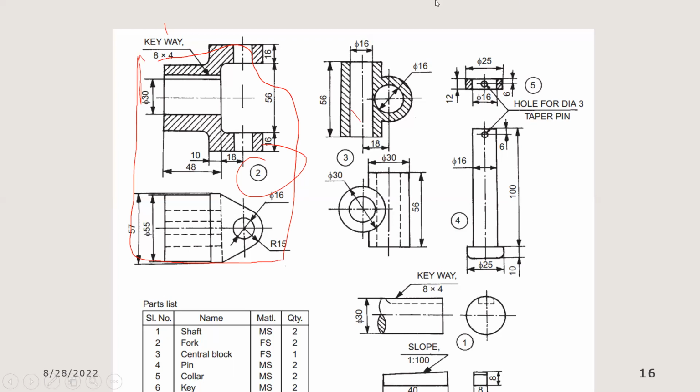Another very important thing we should take note of. I'm sure you remember the very important steps we need to take to work with assembly drawings. One of which was that, first of all, understand the purpose of the application of that particular machine. Then number 2, examine it thoroughly.